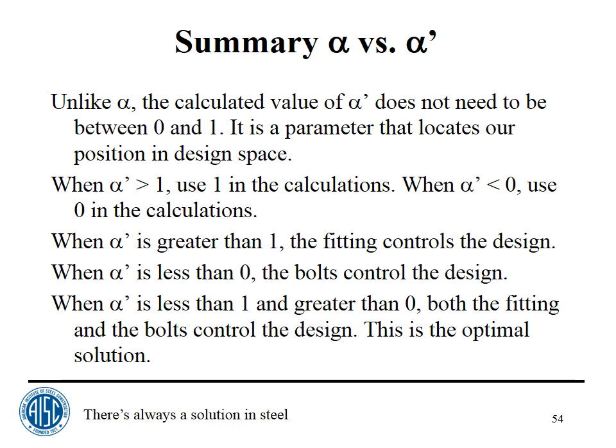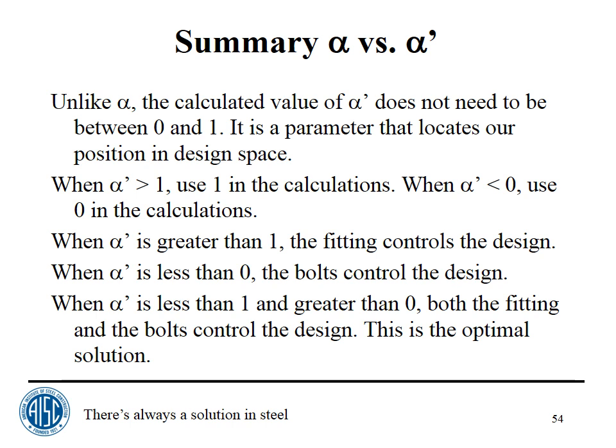When alpha prime is greater than 1, the fitting, the angle, the WT flange, the column flange, whatever, controls the design. When alpha prime is less than 0, the bolts control the design. When alpha prime is between 1 and 0, both the fitting and the bolts control the design, and this is what I'm calling sort of the optimal solution.